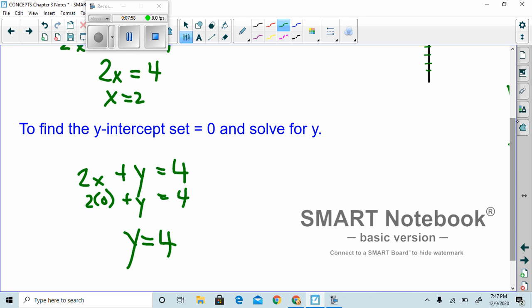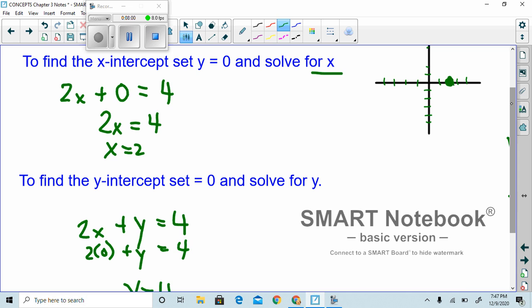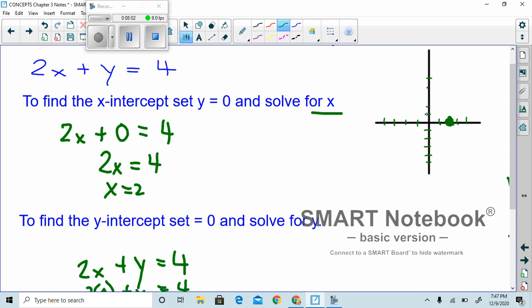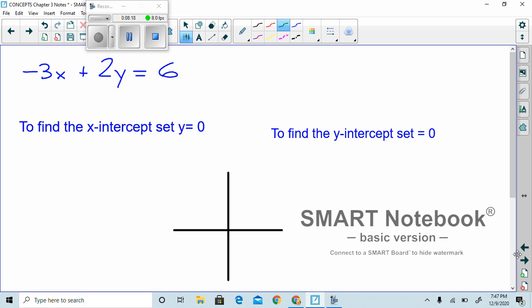So I'll go to my coordinate plane, and I will count up on the y-axis 1, 2, 3, 4, connect my points, and I have a line. By setting one or the other to 0, we'll find the intercept. Let's see a second problem.